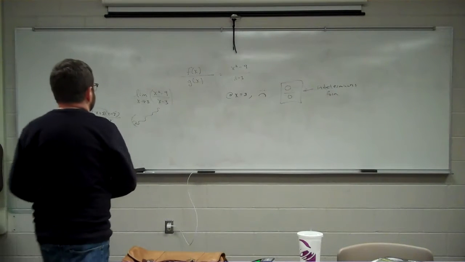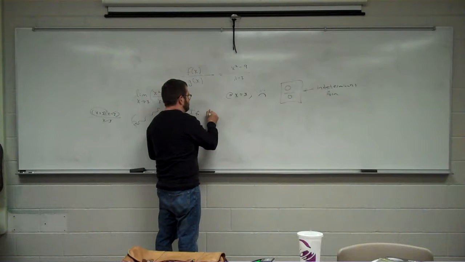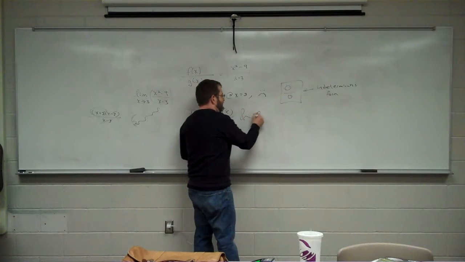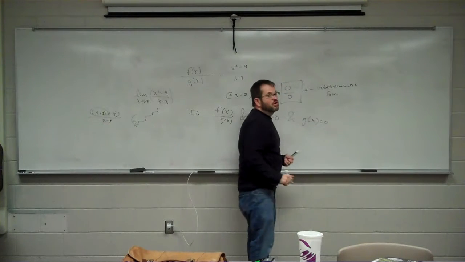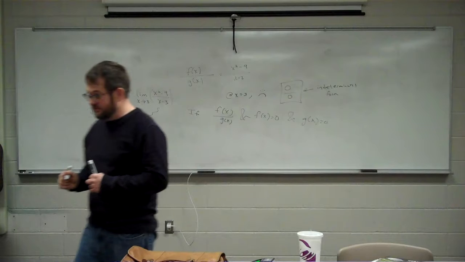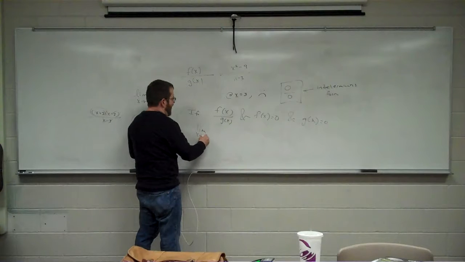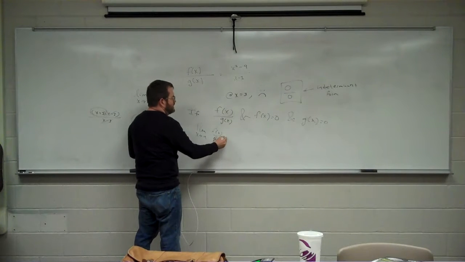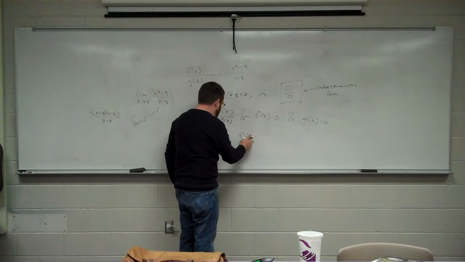L'Hopital's rule tells us that if you want f of x over g of x, and f of x equals 0, and g of x equals 0, so you're getting yourself into the form where you've got a 0 over 0, then this limit as x approaches whatever, let's just say a, of this thing, is equal to, shockingly, f prime at that value divided by g prime at that value.